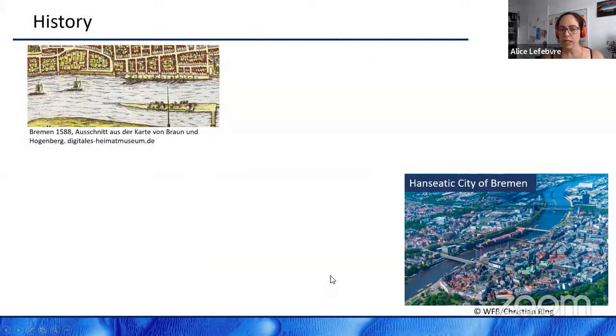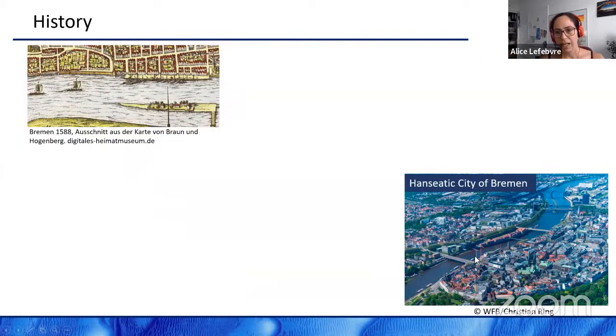I would like to tell you a tiny bit about the history of the estuary, because I think it's quite interesting. It's not 100% related to my work, but hopefully you also find it interesting. So Bremen is a beautiful city, and it's called a Hanseatic city.